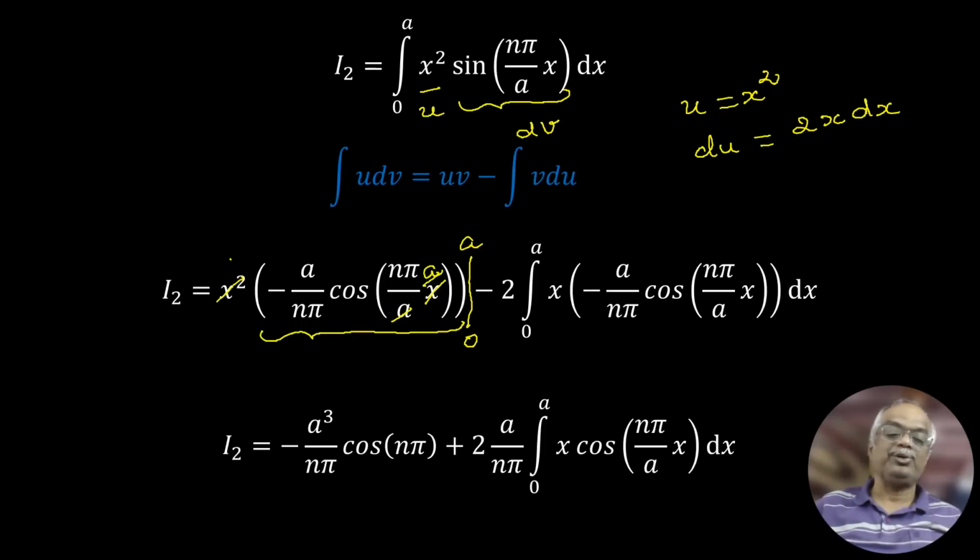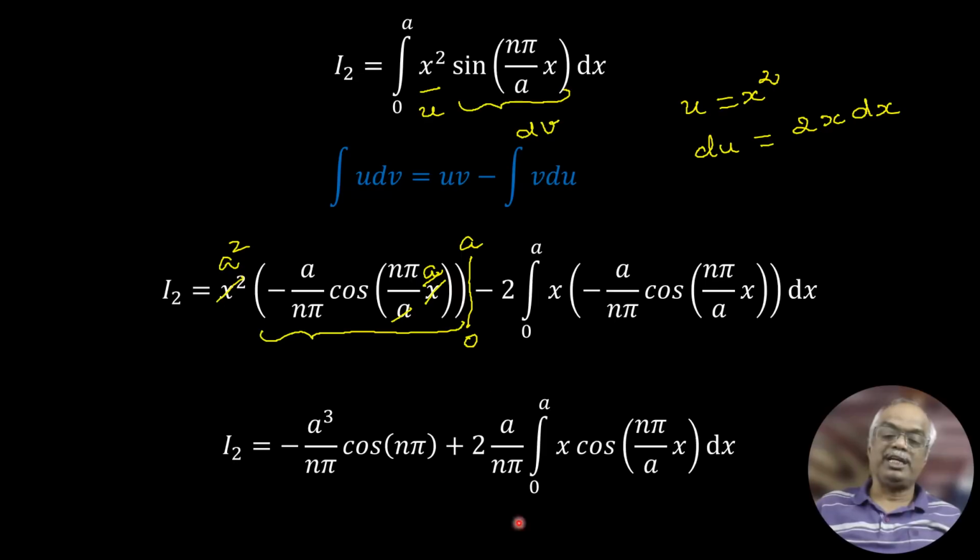This you can take as a square. Already one a is here. So it will become minus a cube divided by n pi cos n pi. Then the next one, you bring this minus outside. So this will become plus 2a divided by n pi, because this is constant. I am taking out this also. Then this will be x cos n pi by a x dx.